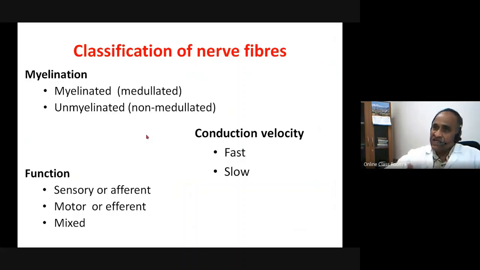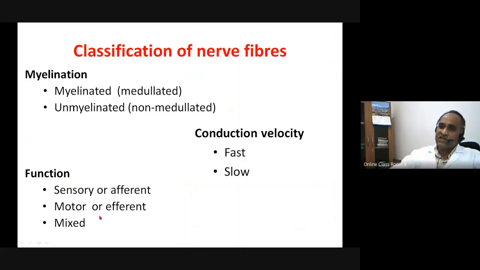If there is a myelin sheath covering, they are myelinated axons, and if not, they are unmyelinated. So by the presence or absence of myelination, they are also called medullated or non-medullated nerve fibers.